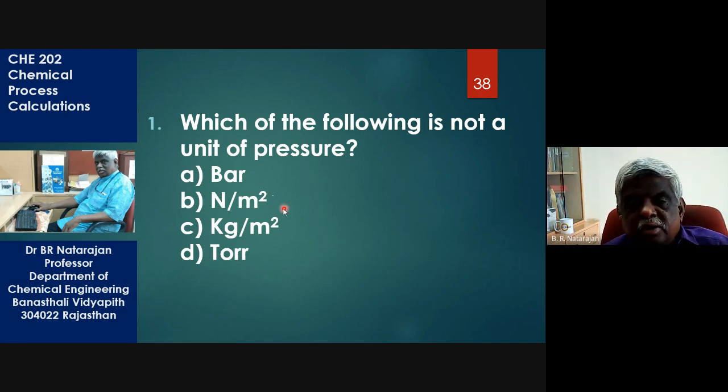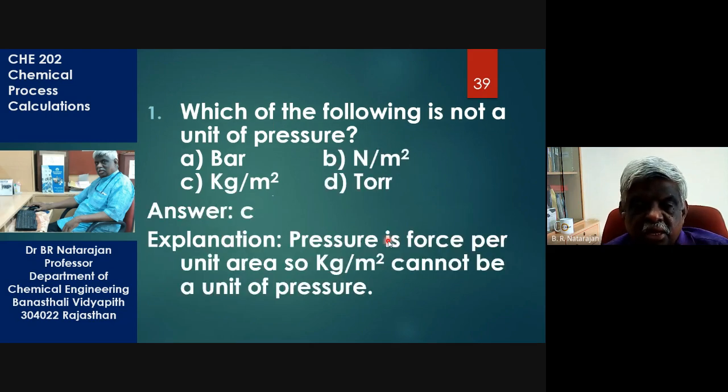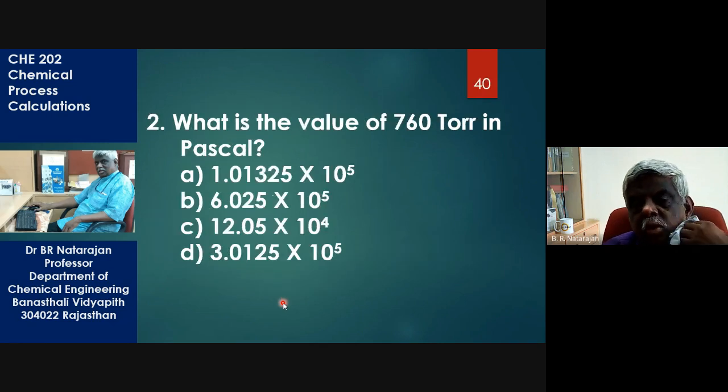So the unit which is not pressure must be C. Yes, the answer is C. Pressure is force per unit area and kg per meter square cannot be a unit of pressure. It's as simple as that.